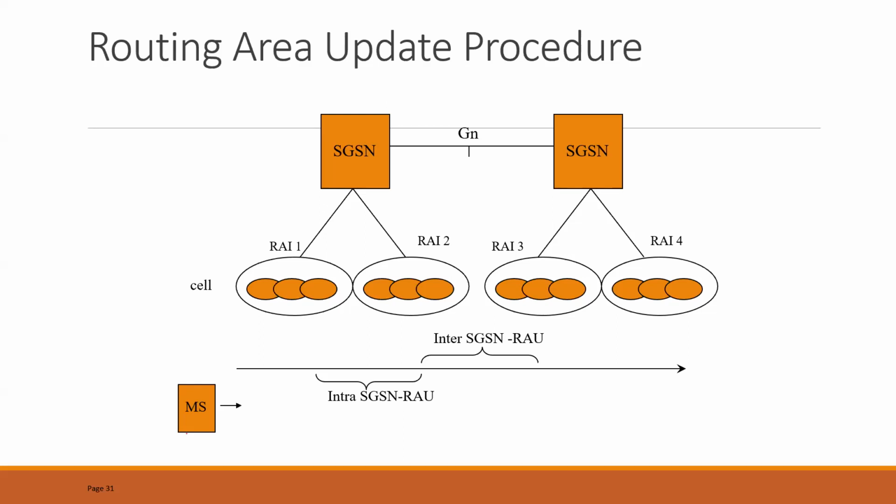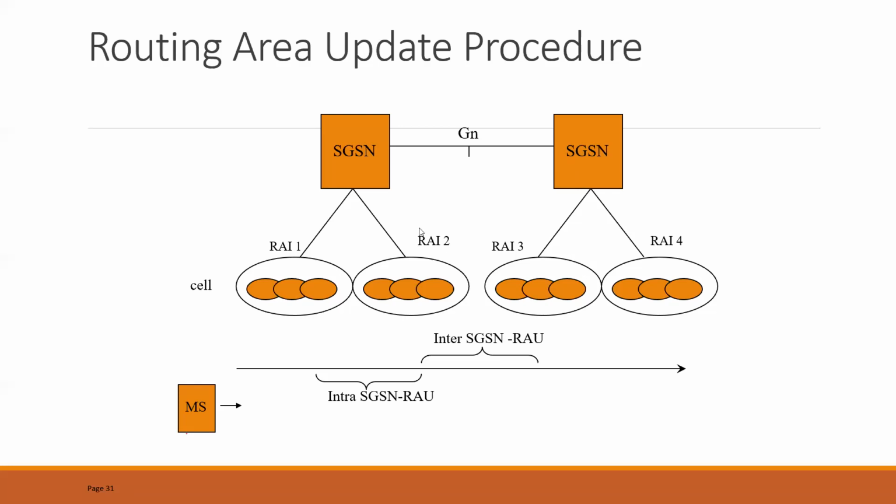So the whole terminology includes MNC, MCC plus the actual routing area ID. And the routing area ID is basically your location area code plus your routing area code.